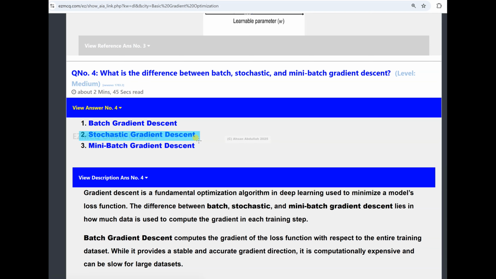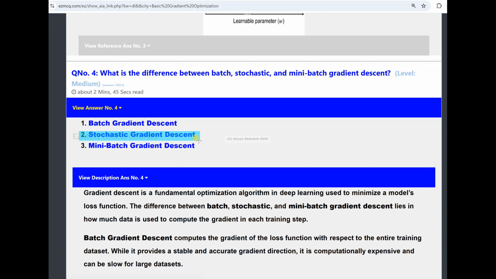But the advantage is that this can help escape the local minima. I'll show you what is meant by local minima. The picture which I showed you before only had one minima, and there can be multiple also. But the problem is that the updates are not very stable, and they may result in something called oscillation, going back and forth. Therefore it requires careful tuning of the learning rate.